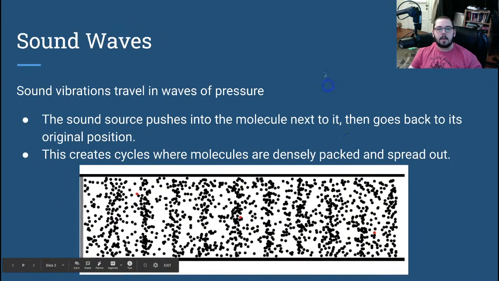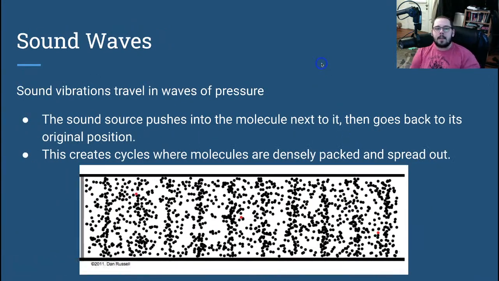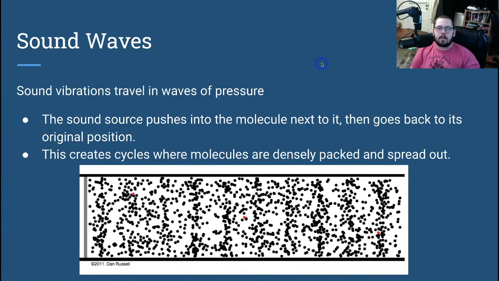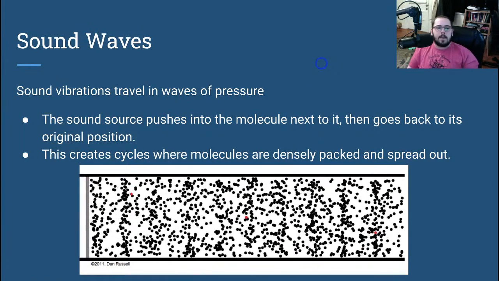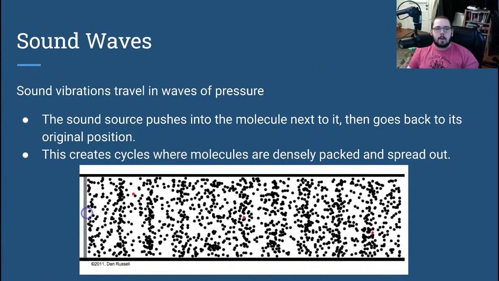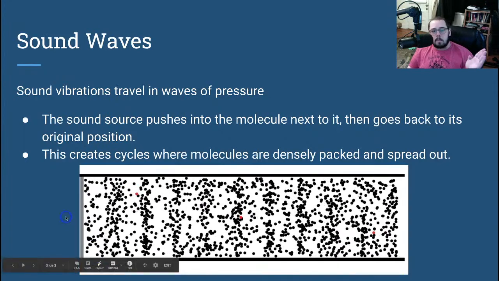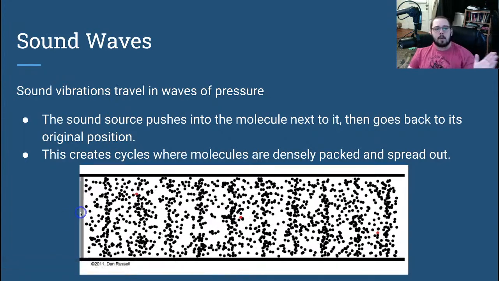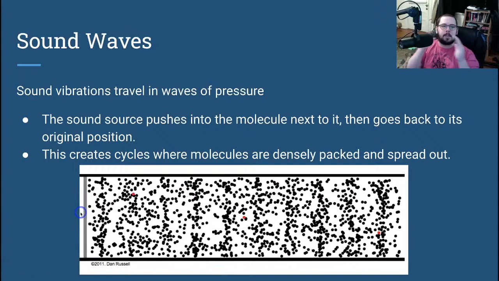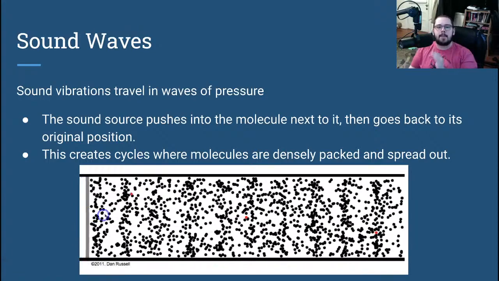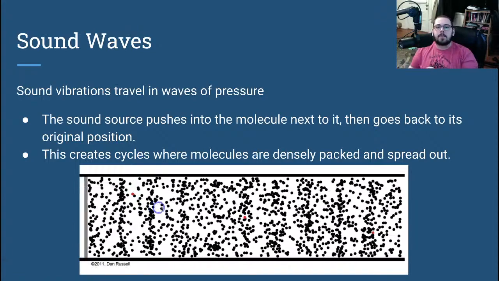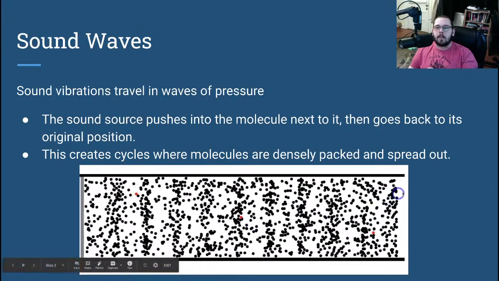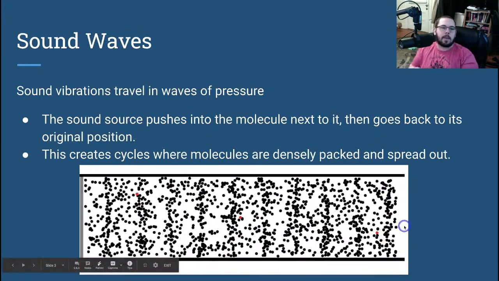So what does this look like? I've got a little GIF here. You can see this gray bar pushing the air molecules, and they all bunch up and spread apart, and it makes these waves that travel through the medium until they are perceived on the other end.